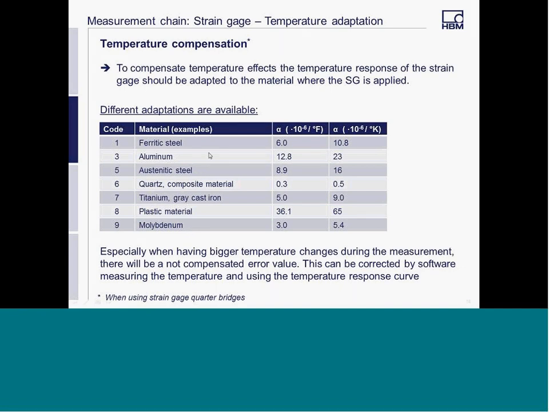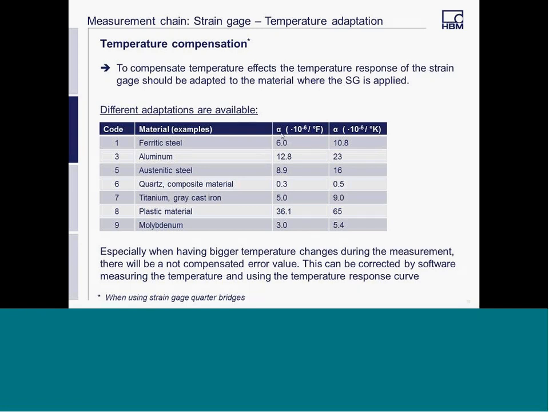Why? Because then the strain gauge is adapted to the temperature change of the material, the alpha. That is, how much it gets longer because of temperature. And these should be equal.